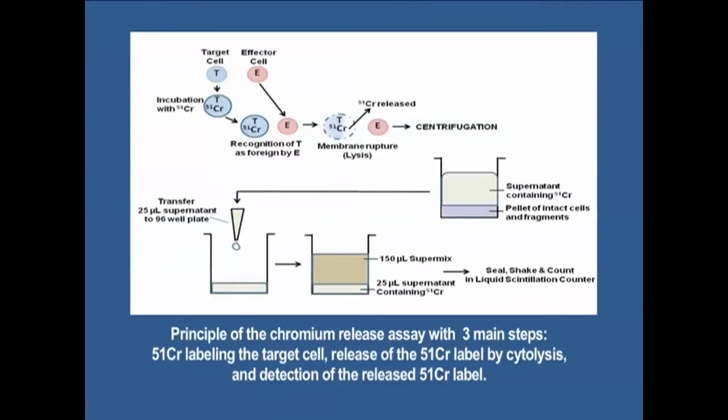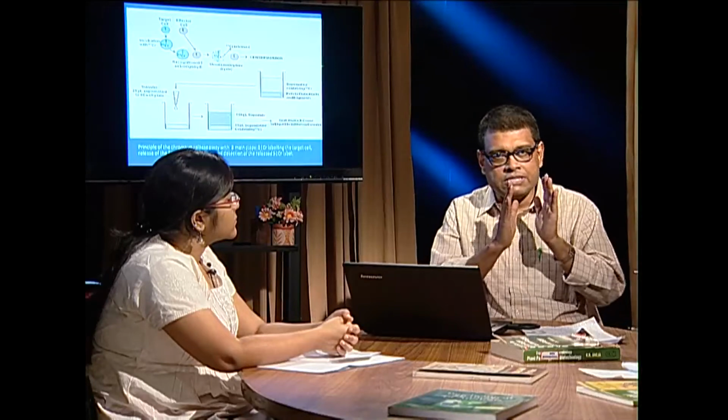In this technique, cells were labeled with chromium 51 to detect the amount of cells lysed or affected by virus or cancerous detection. Lysed cells release the chromium, and because it is radioactive, it can easily be detected by autoradiography in a scintillation counter, and thereby we can say what is the quantum of the disease development.